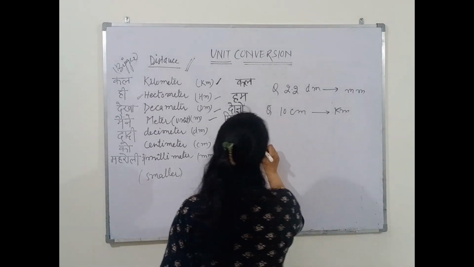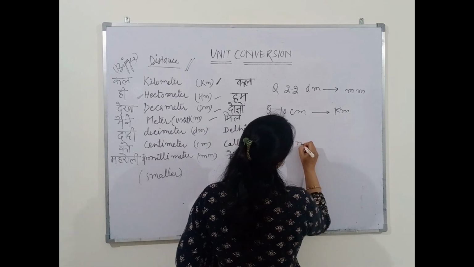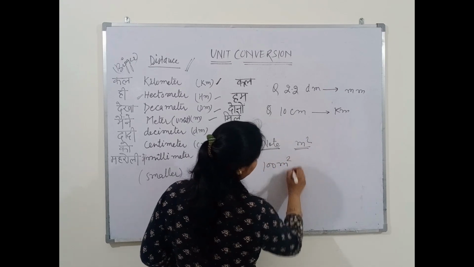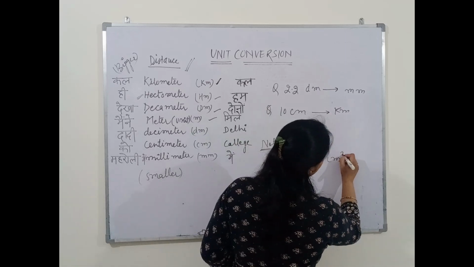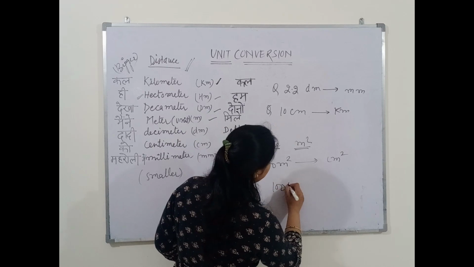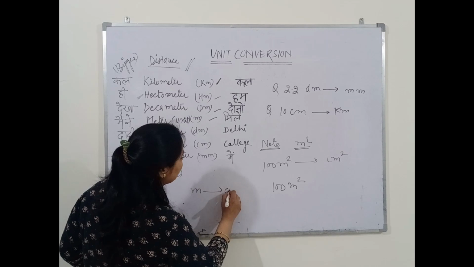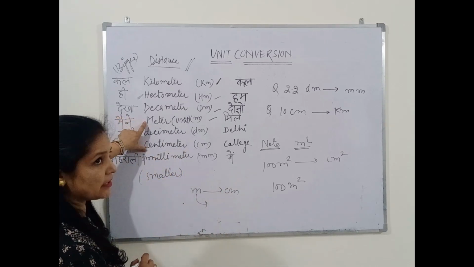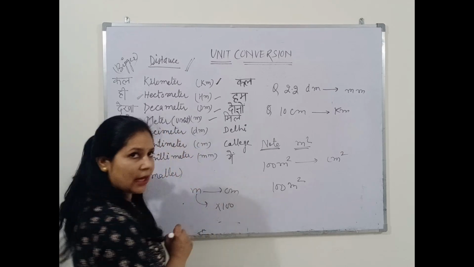Note down one important thing. If area is given in any question in meter square, suppose 100 meter square area, and you have to convert into centimeter square, then what will you do? First, write 100 meter square. You know when meter converts into centimeter, meter is here and centimeter is here. 2 steps down, that means we have to multiply by 100.